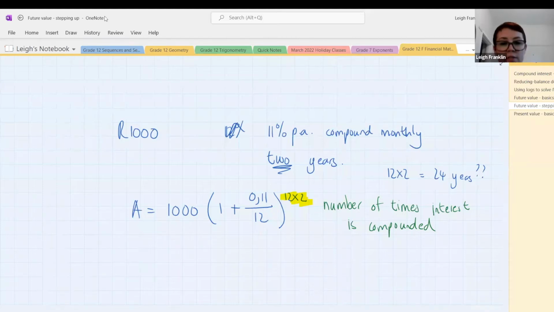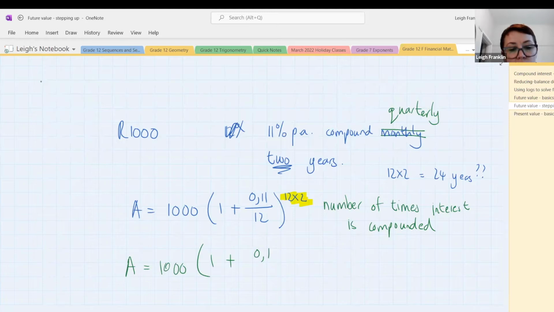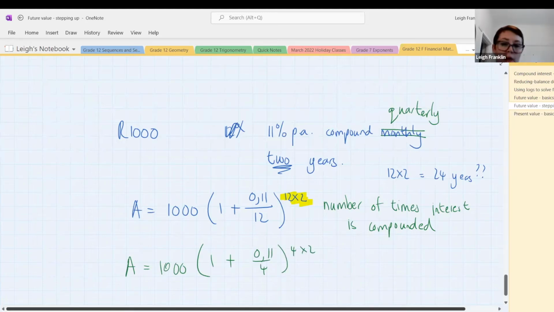Let's say I don't compound monthly. Let's say I compound quarterly. It's still not going to be the number of months, because now I'd end up with A equals 1,000 times 1 plus 0,11 over 4, to the power 4 times 2. There aren't 8 months in 2 years, are there?